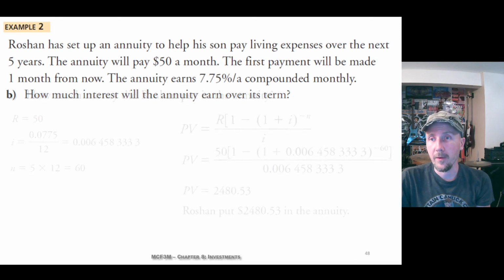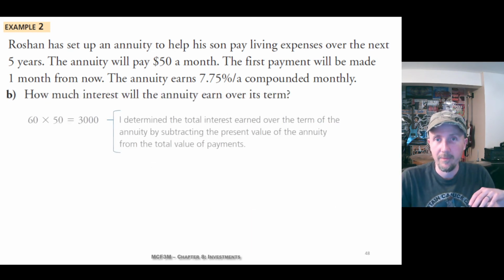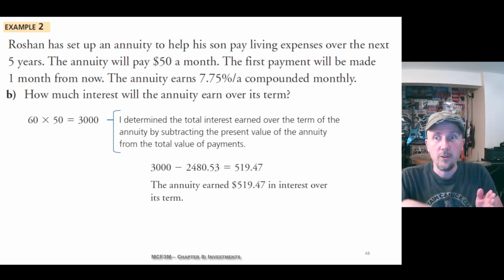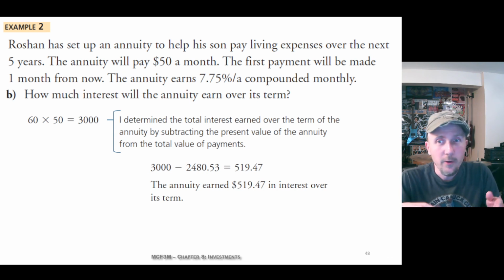Oh, okay, so if we look at this, hang on, I'm going all over the place. If you're taking it out for 5 years every month, you should have $3,000, right? And what I was saying, our answer from the last one was 2,480. You don't have to put the full amount in at the beginning.